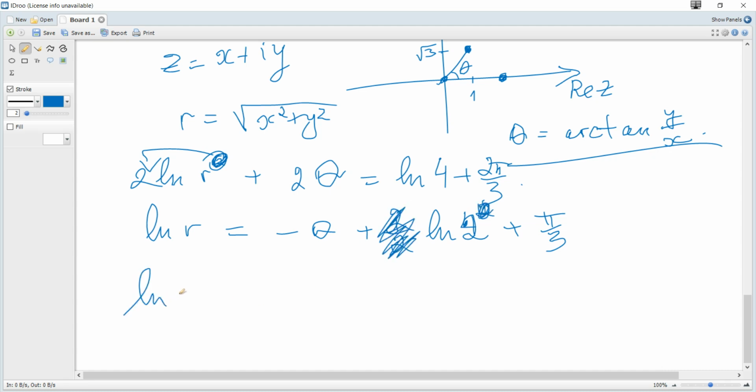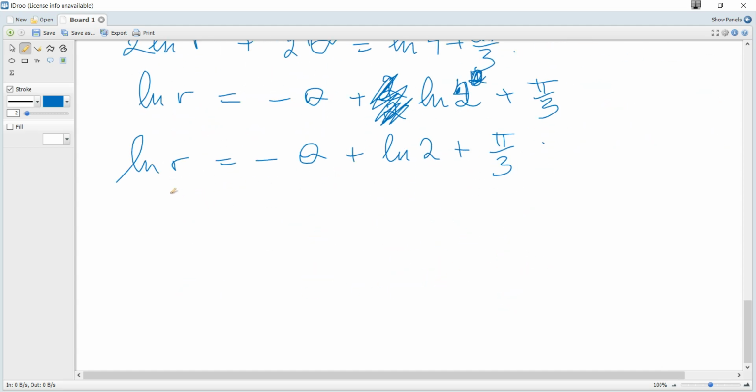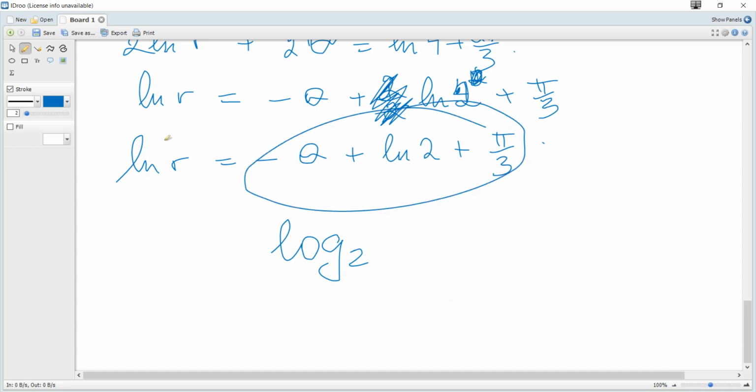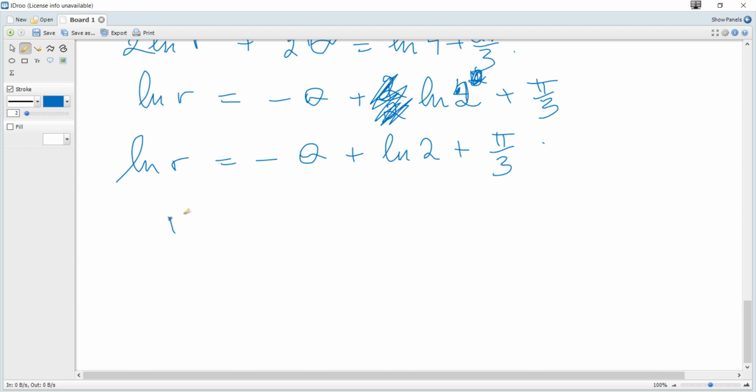So it becomes ln r is minus theta plus ln of 2 plus pi over 3. And just undo ln, just by definition, log base 2 of 8 is 3, why? Because 2 cubed is 8. So ln is log to the base e, so it becomes e to the power of this is equal to r.